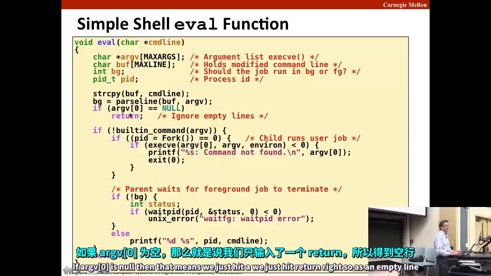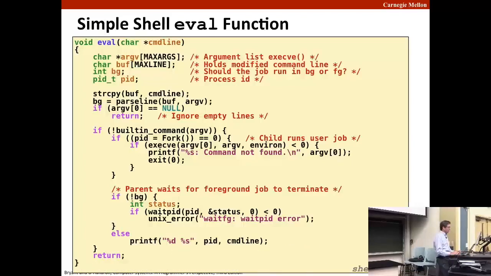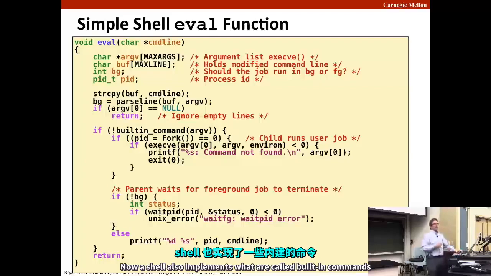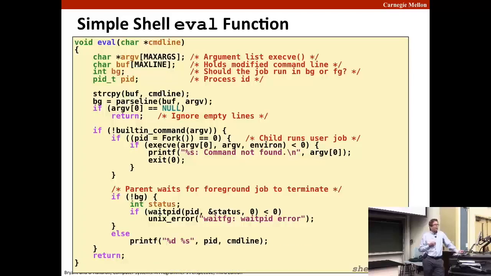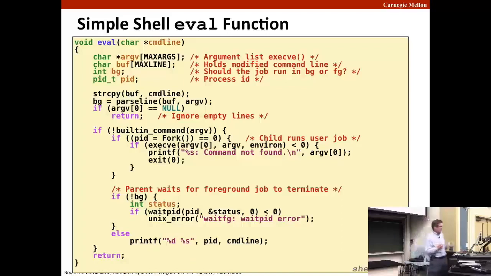If argv0 is null, then that means we just hit return, right? So it's an empty line. So we'll just return and ignore those. Now a shell also implements what are called built-in commands. So various things like jobs, BG, FG are examples of built-in commands which are just implemented in the shell itself.